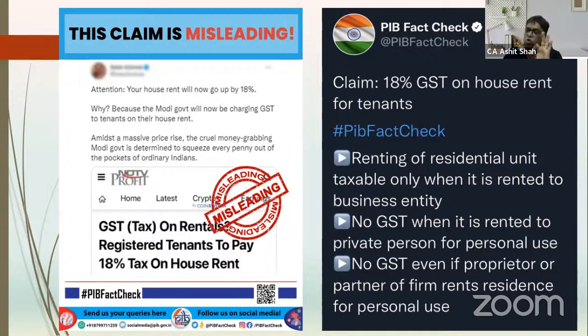LIC of India obtained the rented premises, and those premises would be used by their employees for residential purposes. At that point, the question arose before the AR whether the exemption would be applicable to them or not, because the residential property has been obtained and used for residential purposes. Accordingly, the AR has upheld that yes, the exemption would apply.